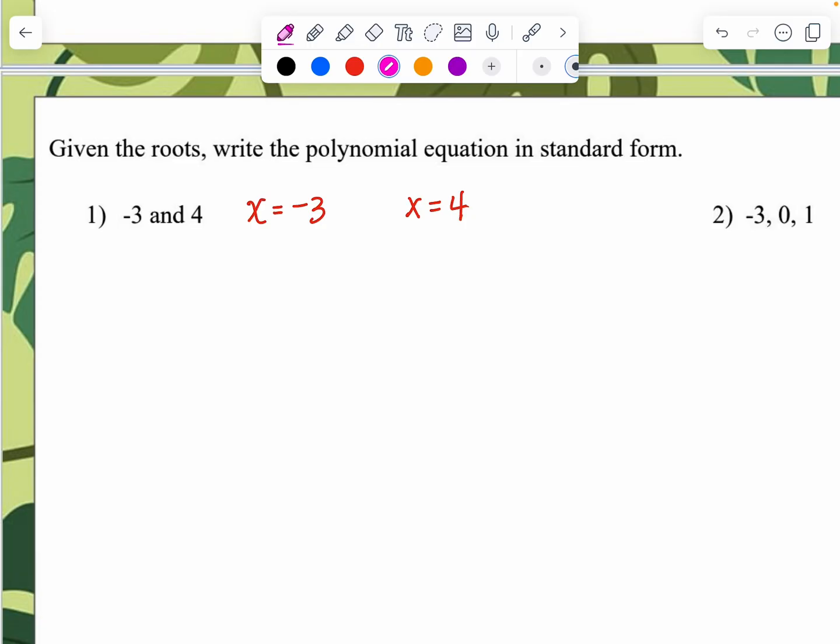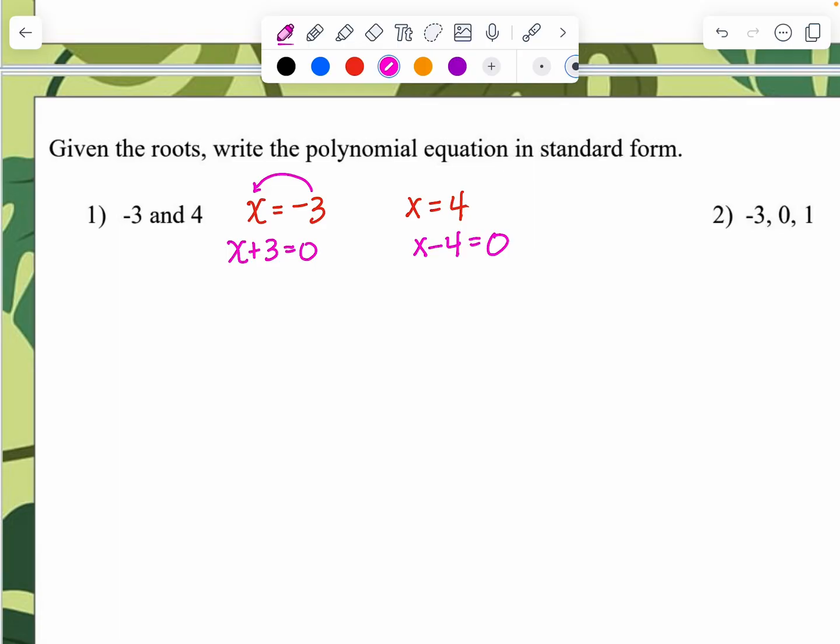Next thing we do is we get those roots equal to 0. So x plus 3 equals 0 and x minus 4 equals 0. Now I can get there one of two ways. I can either just bring that negative 3 across the equal sign and change the sign. That's what I did. Or I could add 3 to both sides.